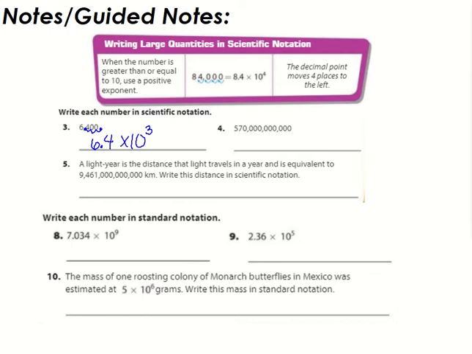Sometimes people think, oh, I just need to move it till all my zeros are gone. So they would go 1, 2, 3, 4, 5, 6, 7, 8, 9, and move it one more and say 10, and they'd be like, oh, it's times 10 to the 10. But the number has to be between 1 and 10. Notice this number 57 is not between 1 and 10, so I have to move it one more time.